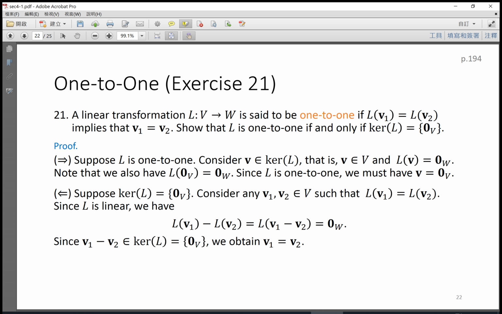Suppose L is one-to-one. Consider V in kernel of L. Our goal is to show V must be equal to 0V. If V is in kernel of L, then by definition of kernel of L, L of V equals 0W.